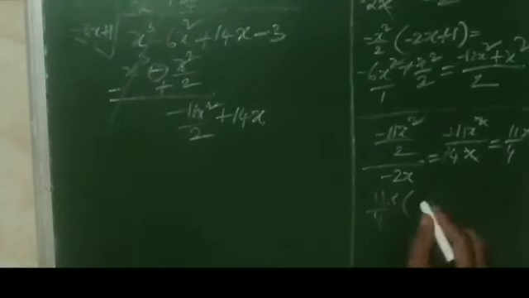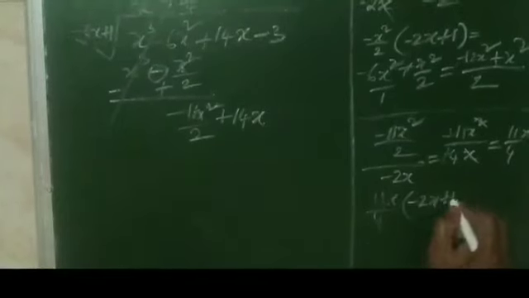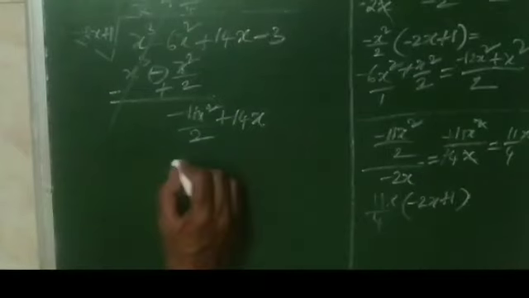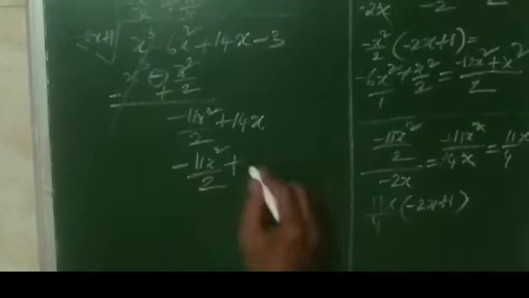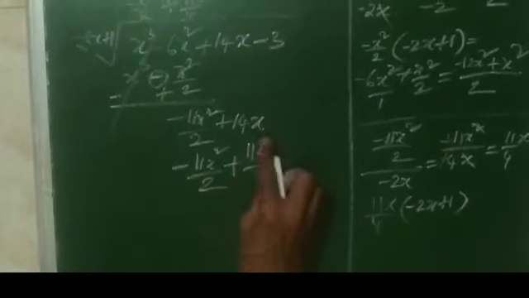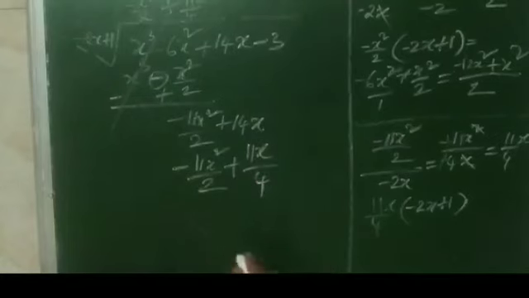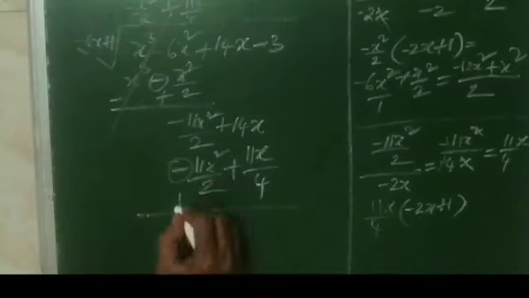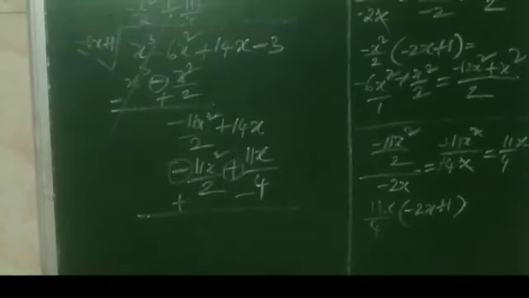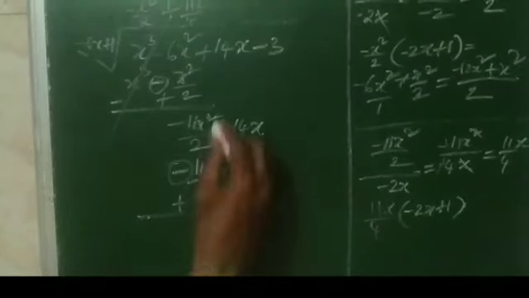Now multiplication, minus 11x by 4 into minus 2x plus 1. So minus 11x square by 2 plus 11x by 4. Third step is subtraction.